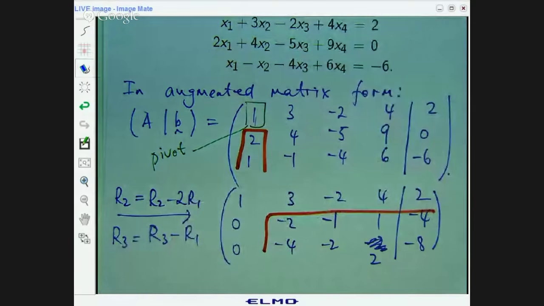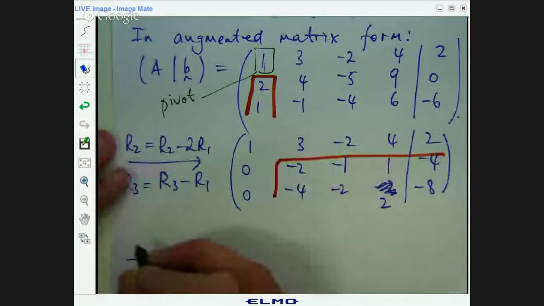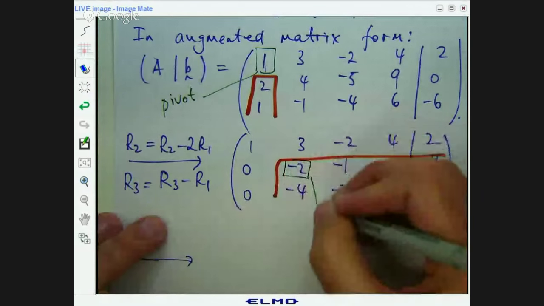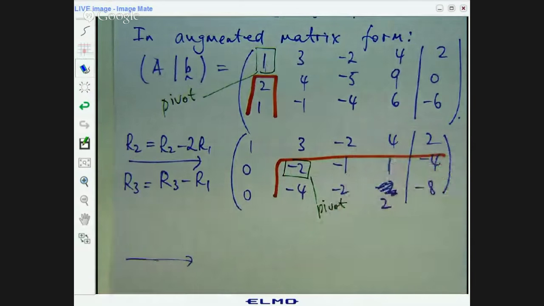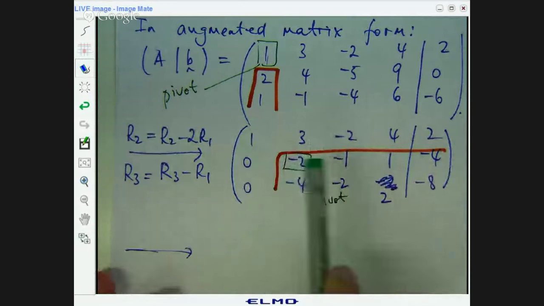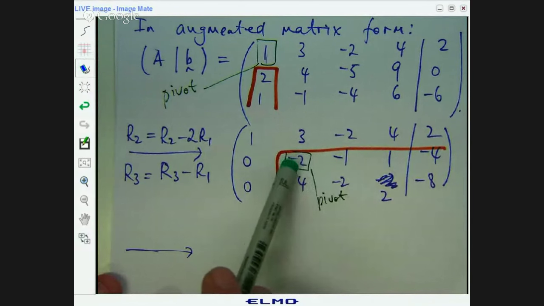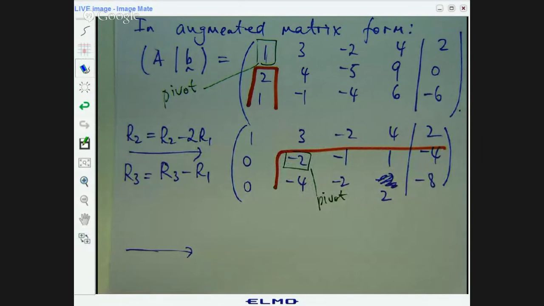So what I'm going to do is keep that as my pivot. And I'm going to make everything underneath it 0 just by taking away 2 times row 2 from row 3.